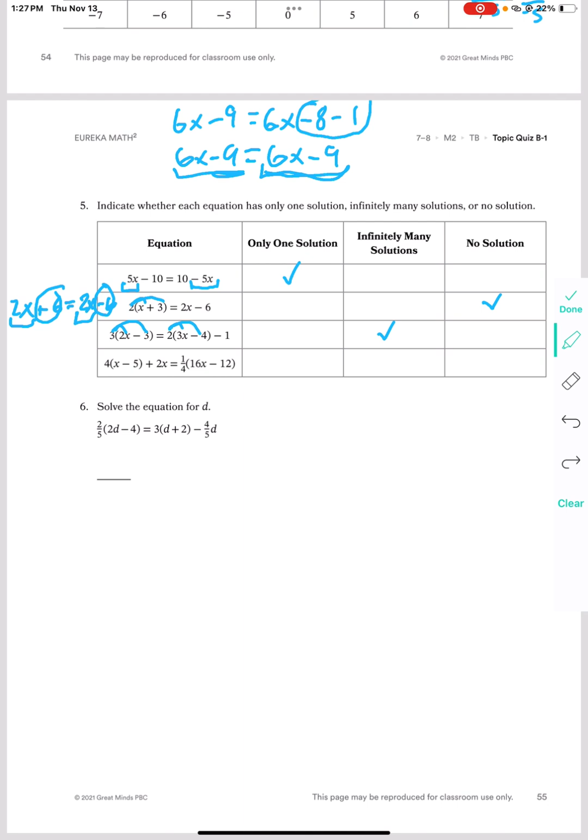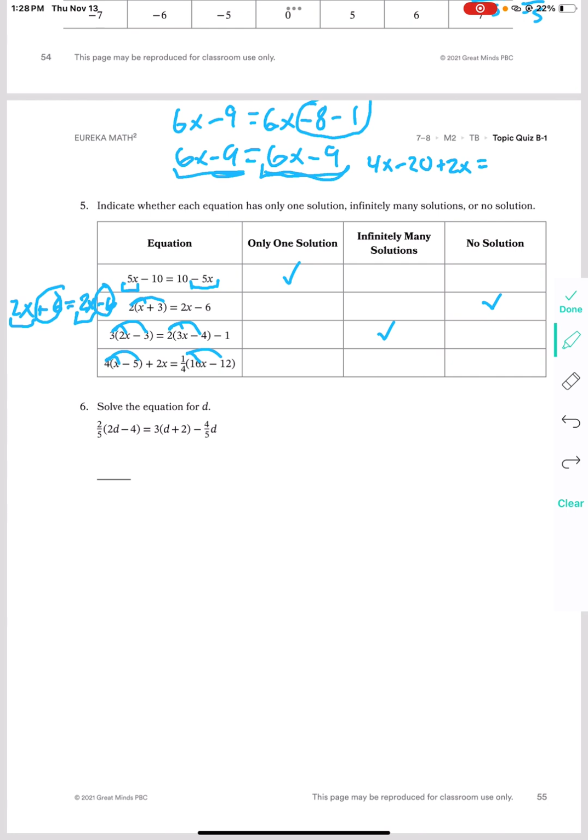And then finally, the last one I'm doing the same thing. I gotta distribute first. So that would be 4x minus 20 plus 2x is equal to, when you distribute a fraction. So remember, when you multiply times a fraction, it makes the number smaller in the first place.